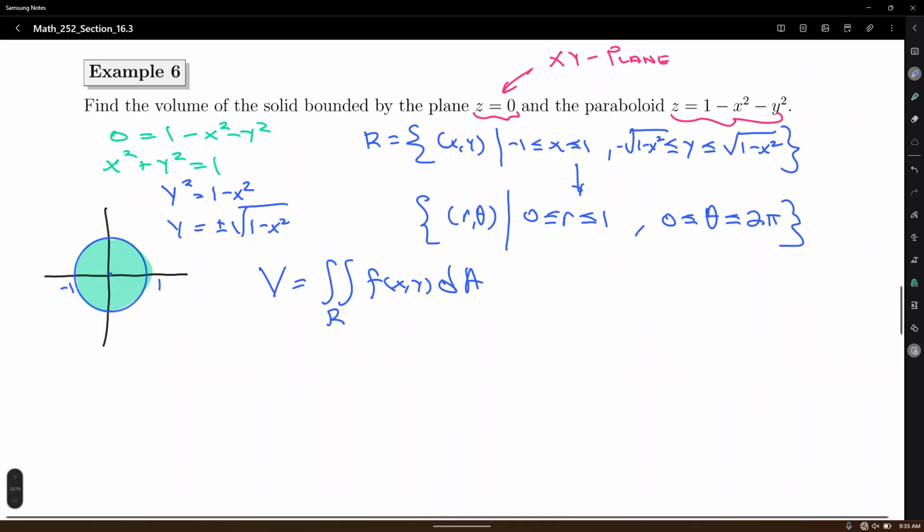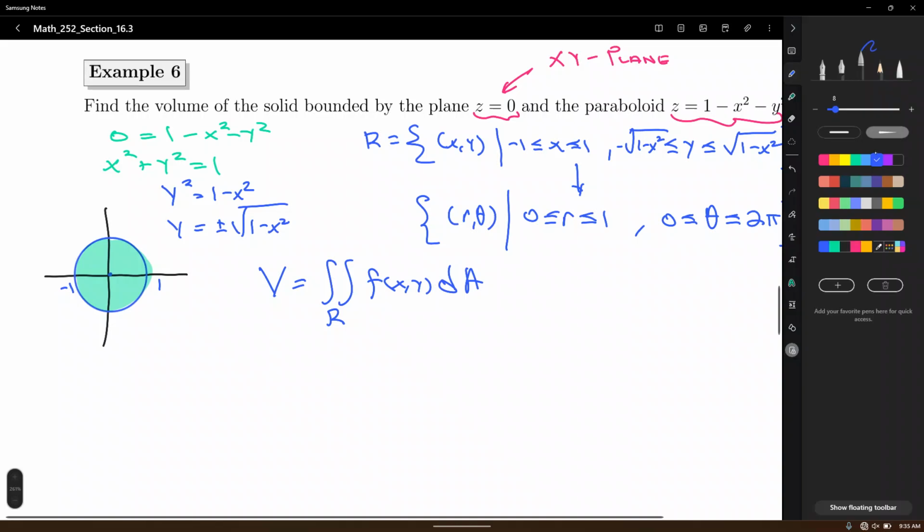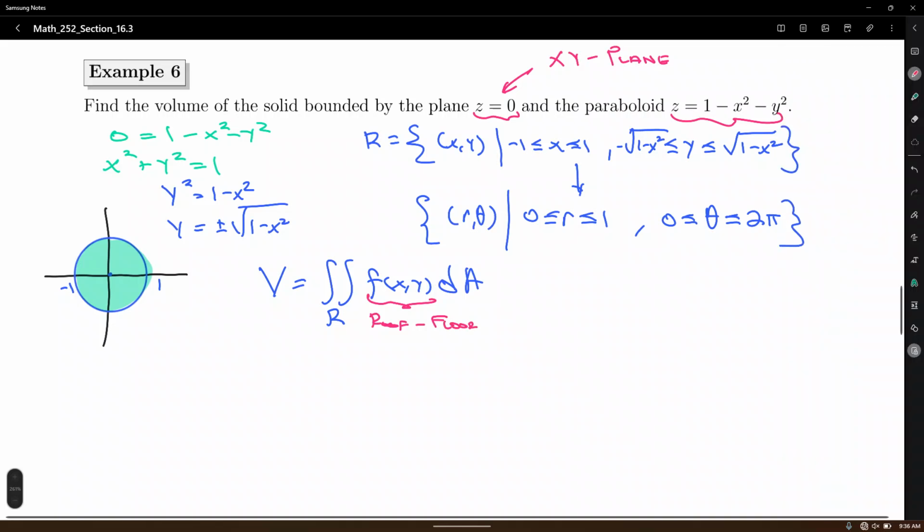Number one, what is this f of x y? Recall, this is not top minus bottom, not rightmost minus leftmost, it's roof minus floor. Which one is the roof, which one is the floor in this situation?